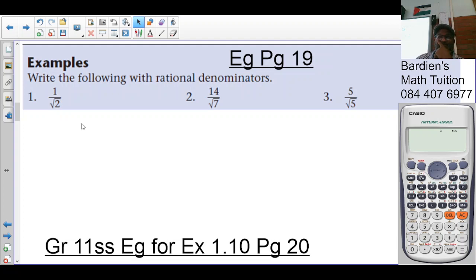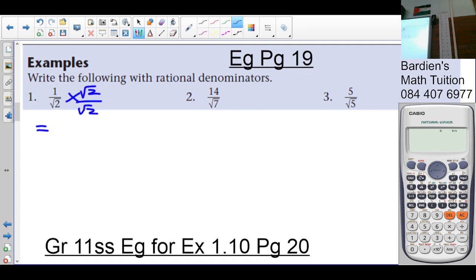You guys understand? Alright. So if you're looking at 1 over square root of 2, to get this to be rational, what I do is I multiply this by the square root of 2 over the square root of 2. Remember, if I multiply this by the number 1, am I changing anything here? No. But then 1 I choose, in this case, I choose it strategically to be the square root of 2 over the square root of 2.